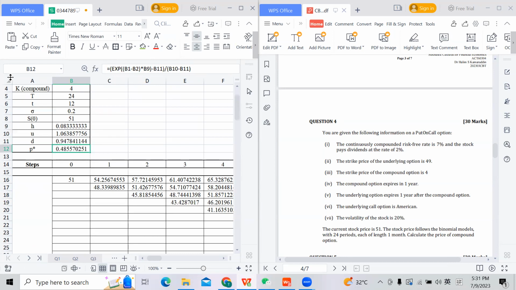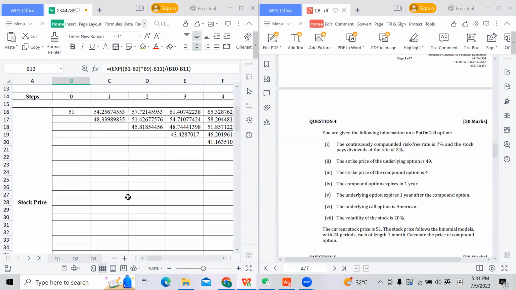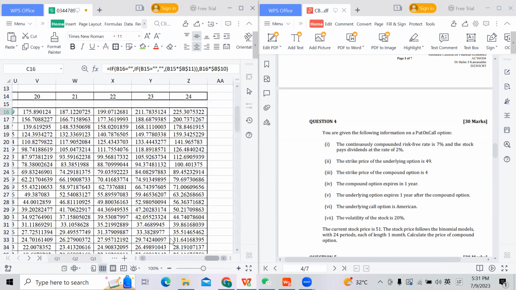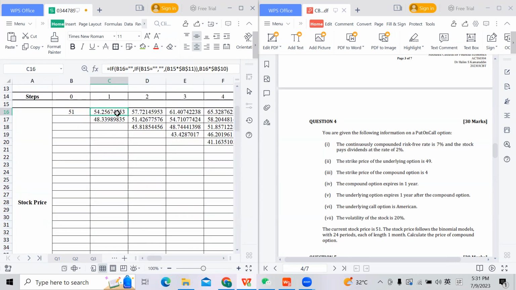After getting all the parameters, we want to calculate the stock price. The given stock price is 51, and we calculate using the binomial tree. We set up 24 periods, and for each period we calculate Su and Sd.